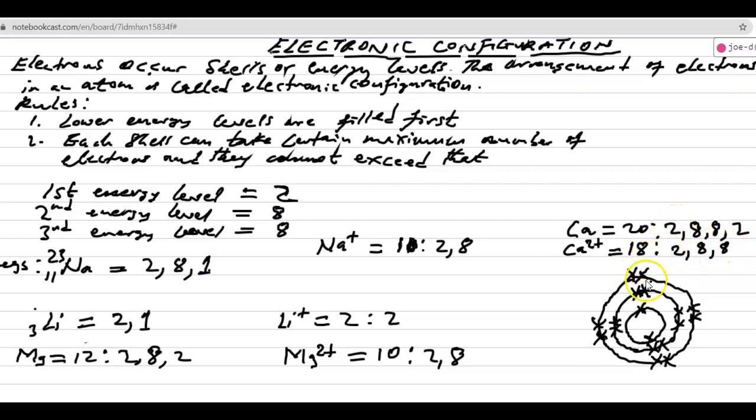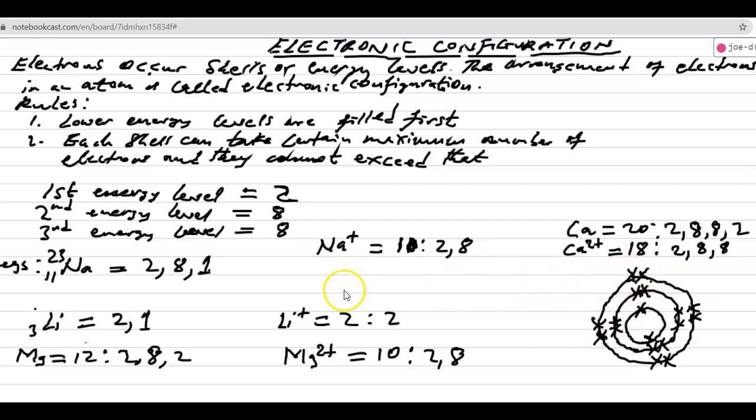This can also be drawn if you are required to draw the electronic configuration of an atom or an ion. You should be able to do that if you understand the whole principle of the ion. Having lost 2 electrons as calcium 2 plus, it will be left with 18, and that can be arranged: the first shell takes 2, the next shell takes 8, and the last shell takes the remaining 8.